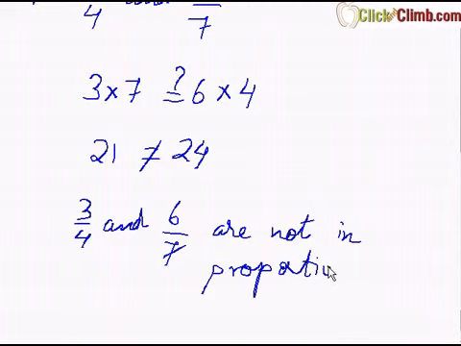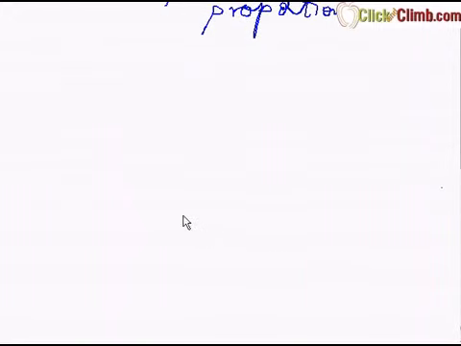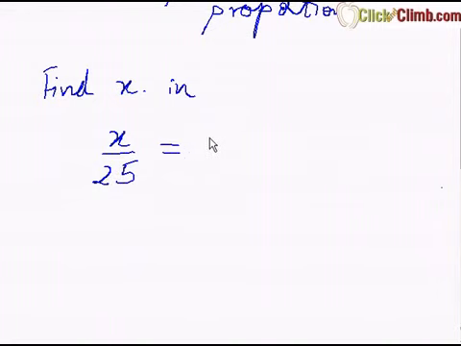Alright, now these proportions can be used to find missing numbers in certain problems. Say I have a problem in which I need to find the value of x, and the given numbers are x over 25 equals 3 over 5.